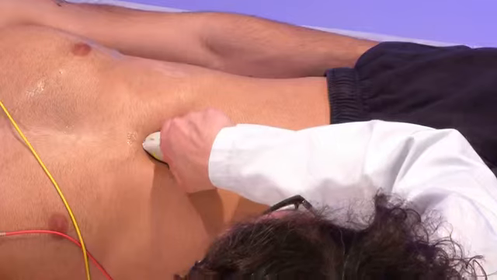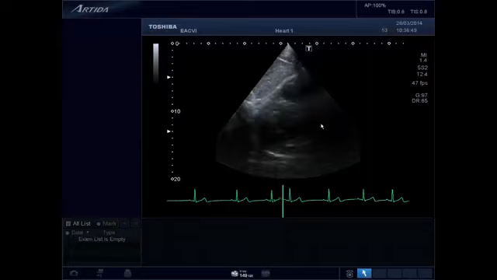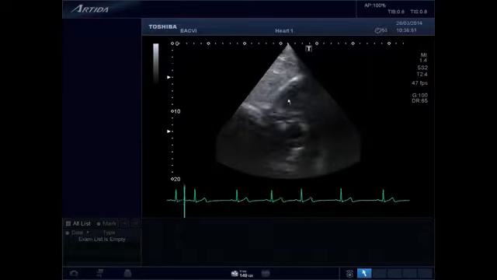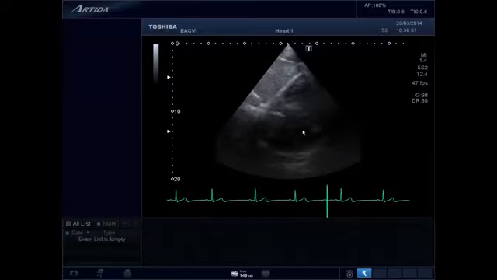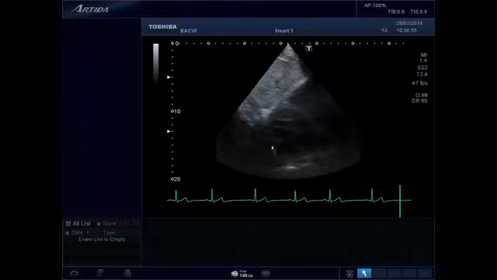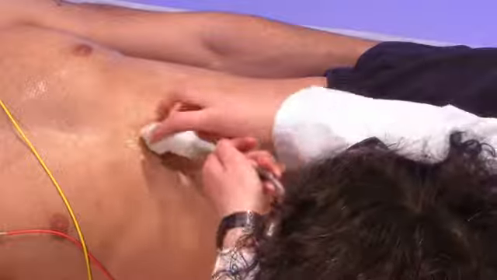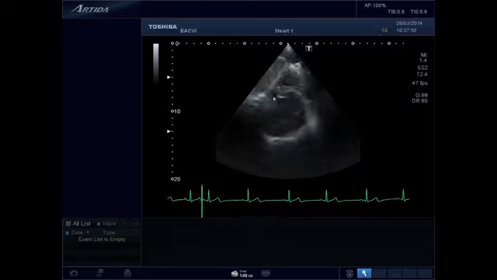Then I will tilt a bit the transducer in order to obtain a short axis view of the left ventricle. Here. So I will ask you to breathe again and stop.